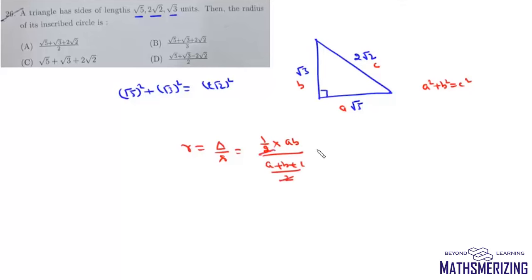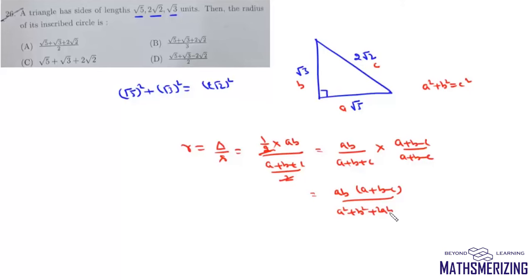Now this 2 and 2 will cancel. So this is AB upon a plus b plus c. Now what we'll do is rationalize it with a plus b minus c. So we can write this as AB times (a plus b minus c), and the denominator is (a plus b) square minus c square, which is a square plus b square plus 2ab minus c square. Now a square plus b square is c square, so it'll cancel.